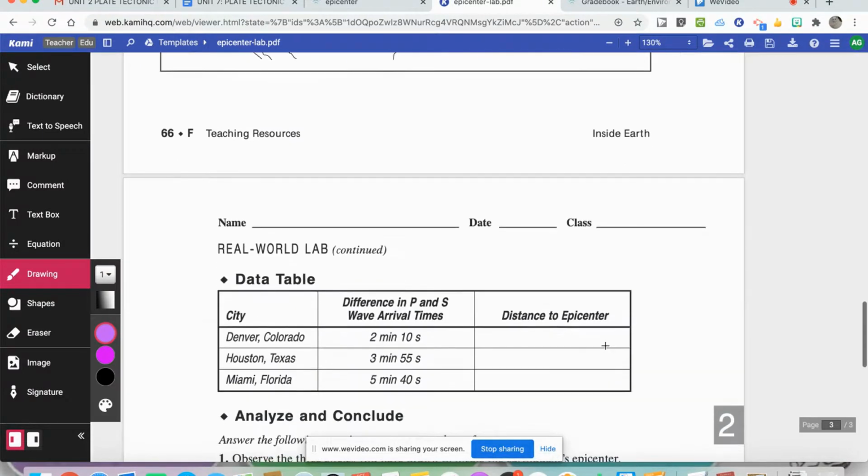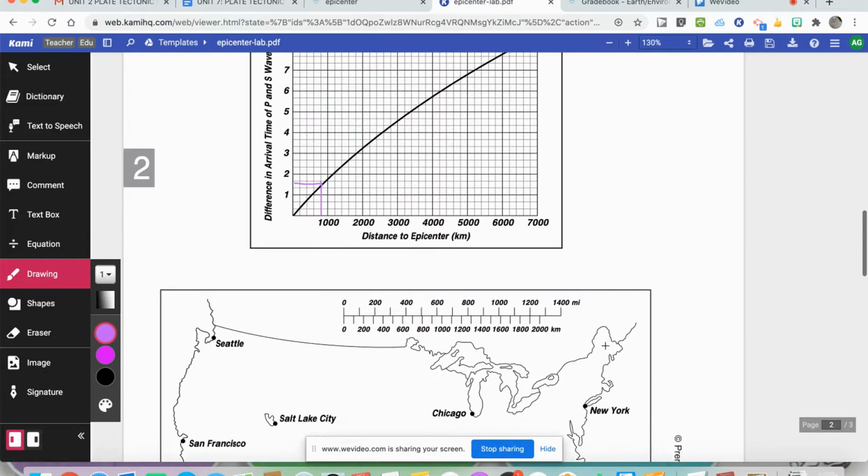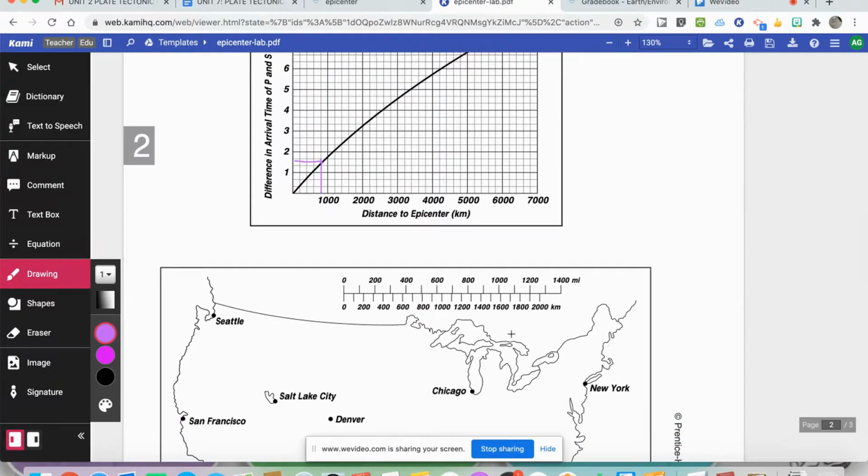Remember, this is in kilometers. This first line for your key is in miles, so ignore that. You're going to do kilometers here, and remember that my first one was 800.